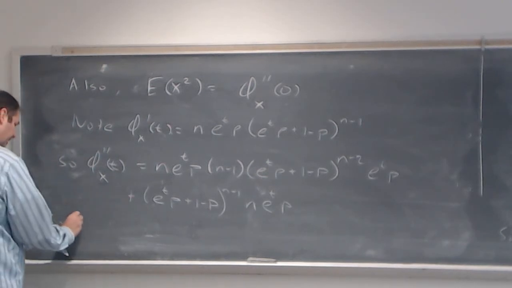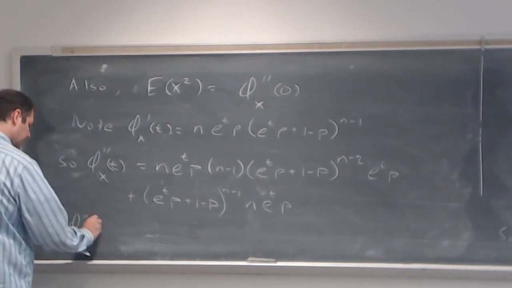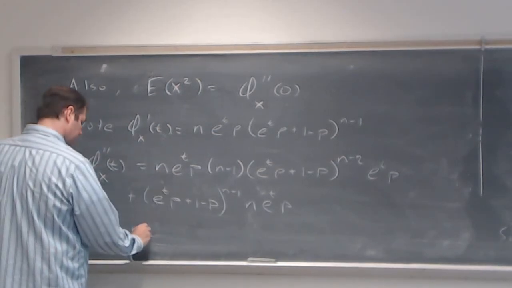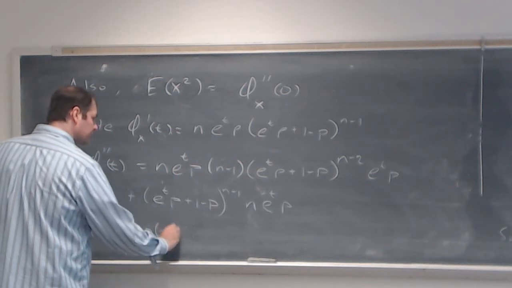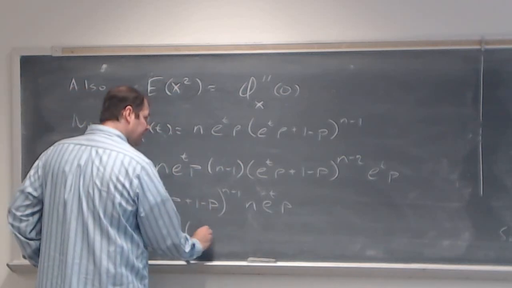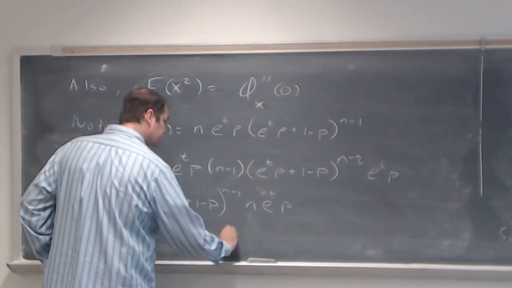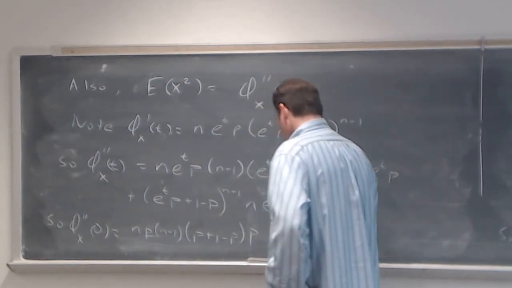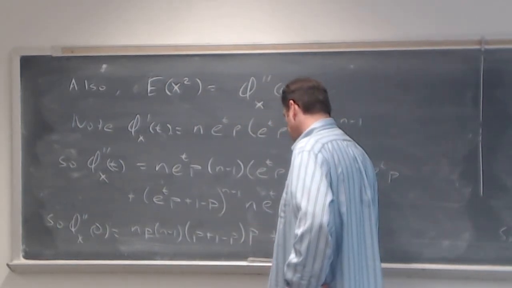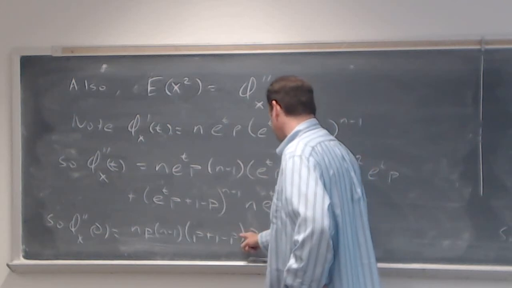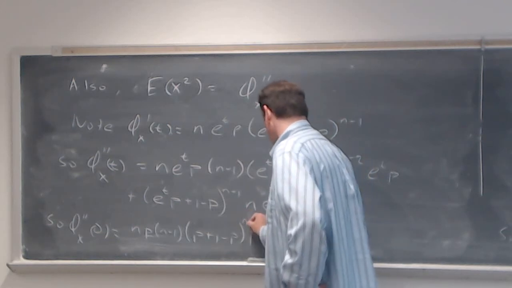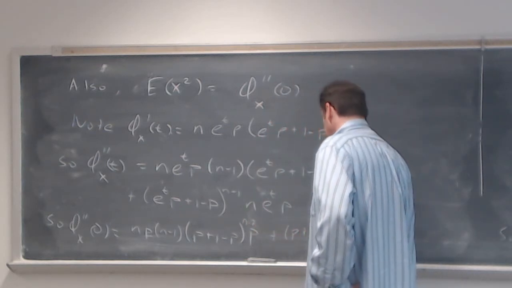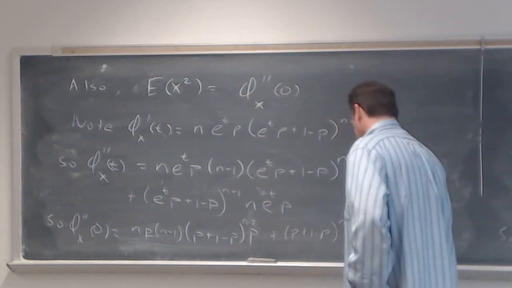So, if I evaluate this at 0, okay, so I'm letting t be 0. So here, this is np times n minus 1. Here, this is going to be times p plus 1 minus p times p. And then plus, here, I'm letting t be, oh, I made a mistake here. This should be to the n minus 2. Okay. This is going to be p plus 1 minus p to the n minus 1. Here, this is n.